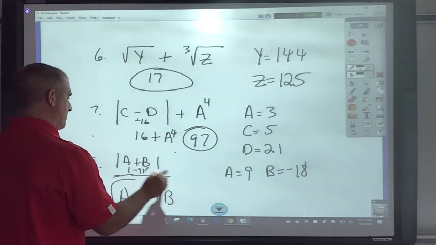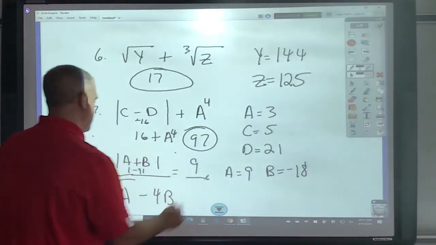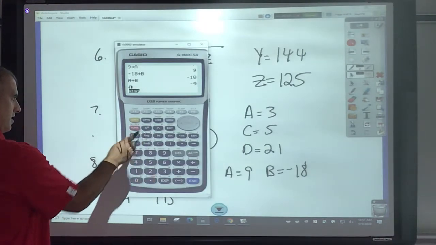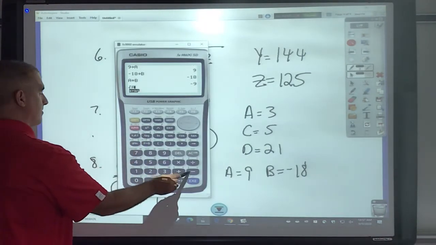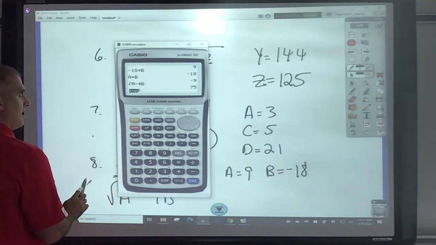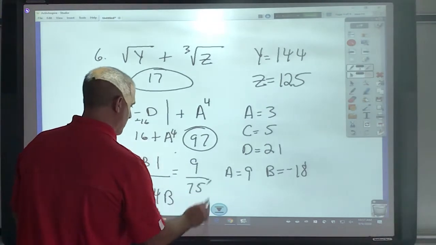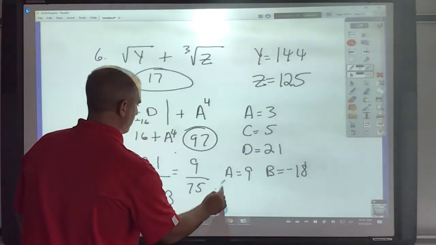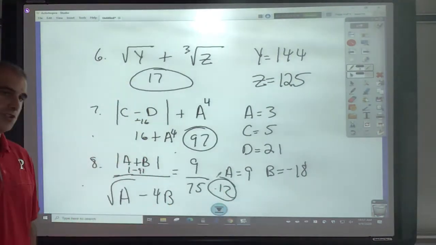We know absolute value makes that positive, so the top part would be 9. Then I want to do the square root. So shift the x squared, alpha A minus 4 alpha B. That's going to be 75. And then I'm going to divide those numbers. 0.12. Okay? That's what you should have got from that.